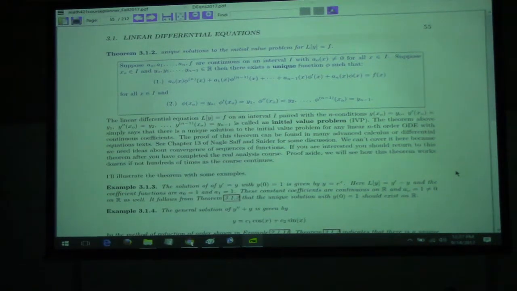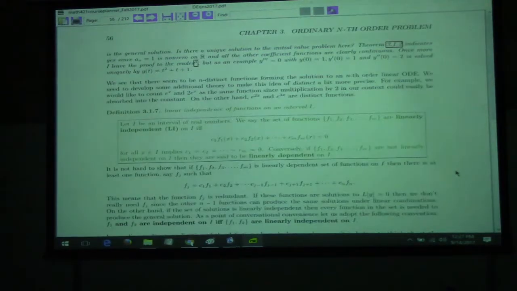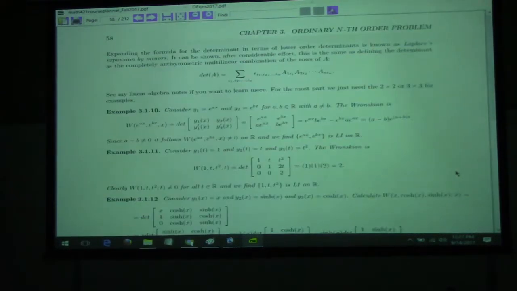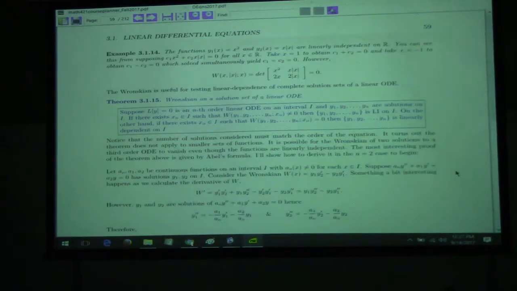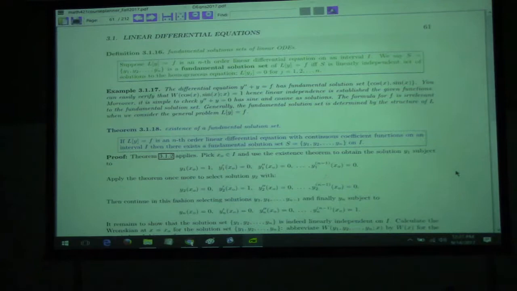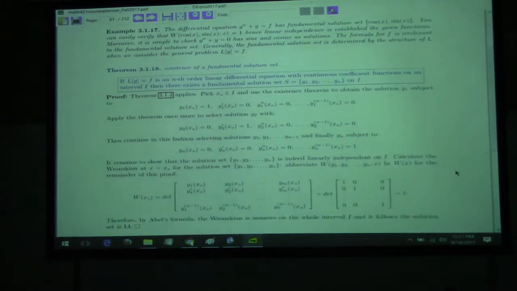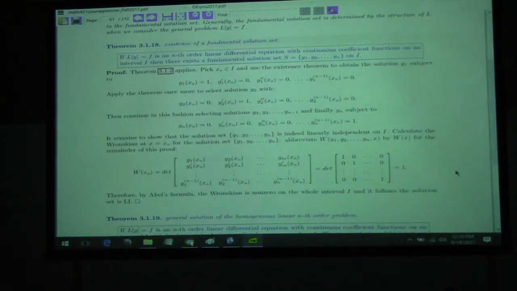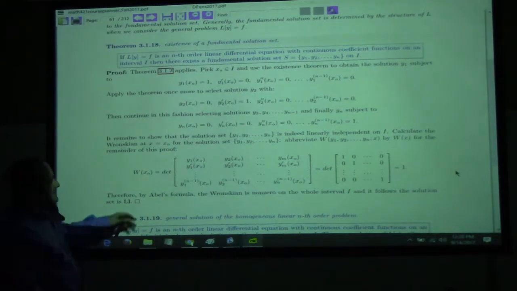So to prove the existence of a fundamental solution set, you just take initial data which make the Wronskian become the identity matrix. So going back over to here. Here it is. Because we have that fundamental existence and uniqueness theorem, we can solve initial data.